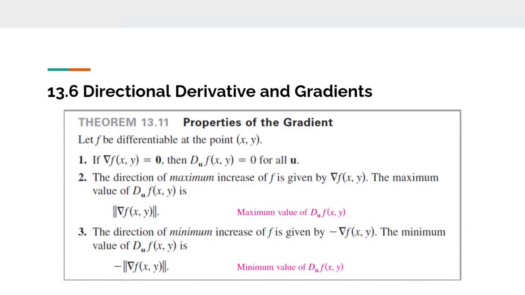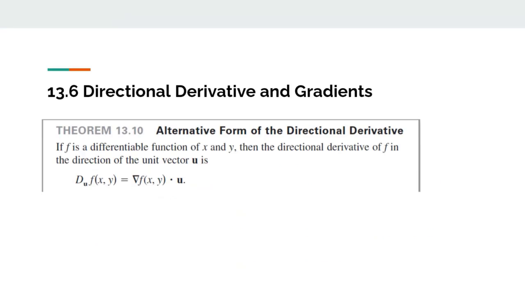Properties of the gradient. If f is differentiable at a point and the gradient of f equals 0, then du of f equals 0 for all u, because that's a consequence of the dot product definition. If this is 0, then u dotted with 0 will always be 0.